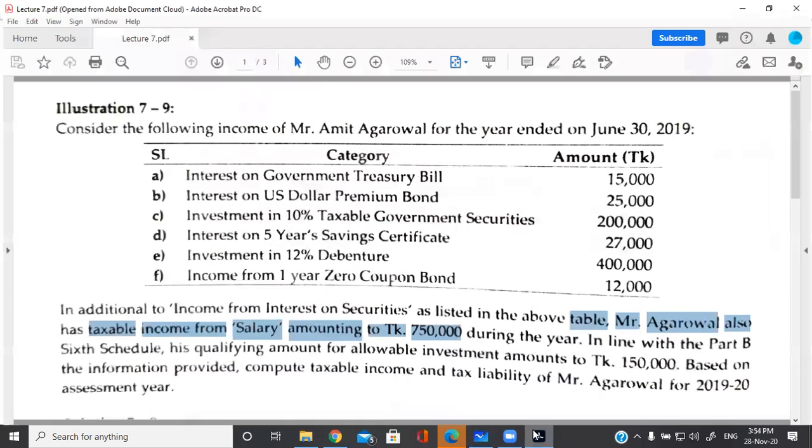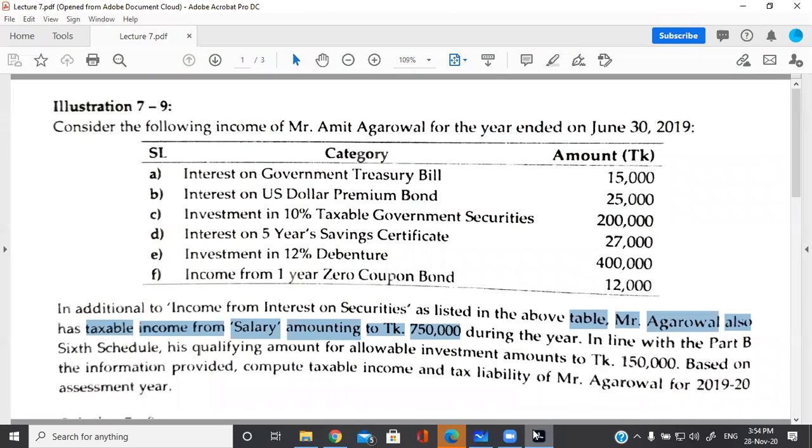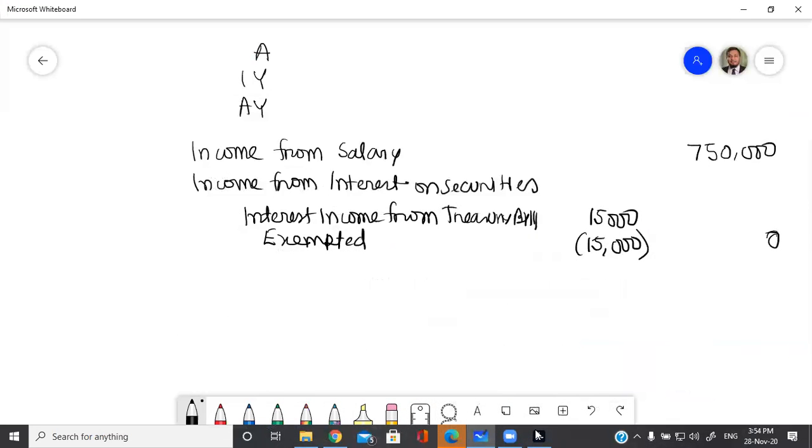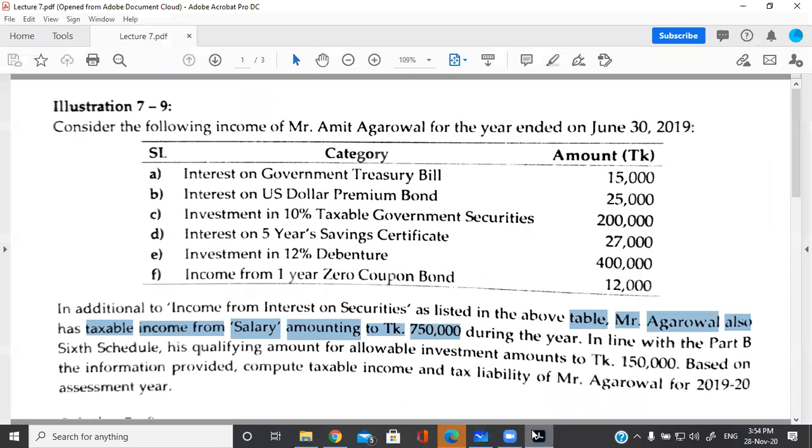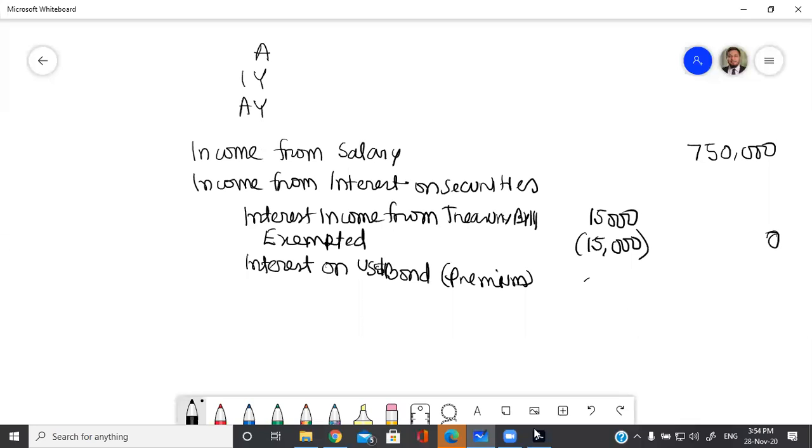Then interest on US dollar premium bond. Same, we have mentioned that there are some bonds issued by the government on which the US dollar interest income is tax exempted. What is that amount? That amount is 25,000.